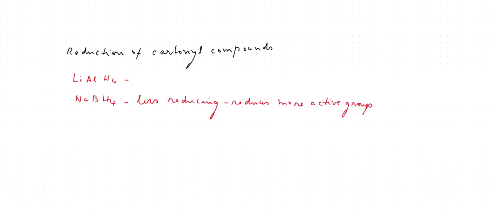This is more reducing, but it does not reduce C double bond C. Therefore, you may be able to get C double bond C OH.